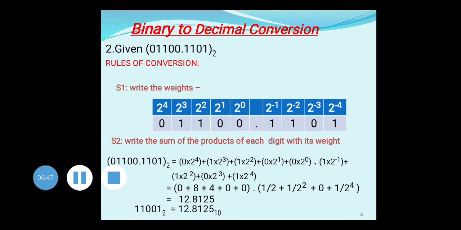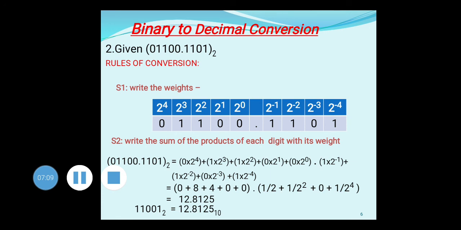When you solve this, you get 0 into 2 raised to 4 as 0, 1 into 2 raised to 3 as 8, 1 into 2 raised to 2 as 4, 0 into 2 raised to 1 as 0, and 0 into 2 raised to 0 as 0. Then the point as it is.